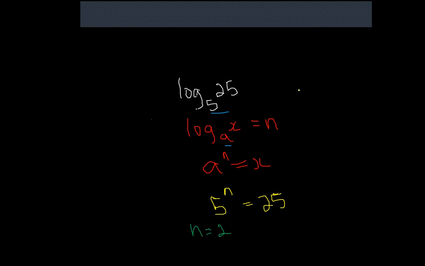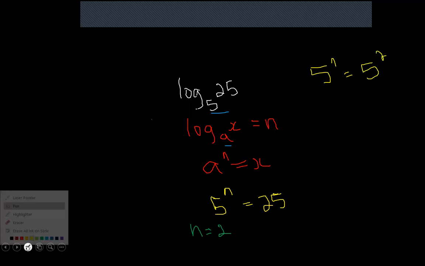When we were doing exponentials, we said to solve exponentials, we need to write both sides to the same base. 5 to the power of n is equal to 25. 5 and 25 are obviously not the same number, so both of these don't have the same base. So how do we write both of them to the same base now? I know that 25 could be rewritten as 5 squared.